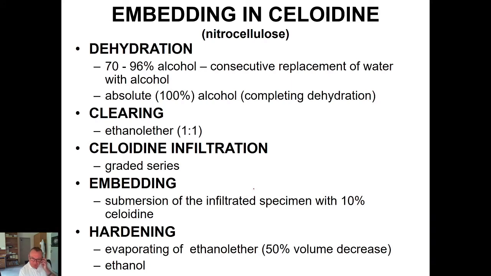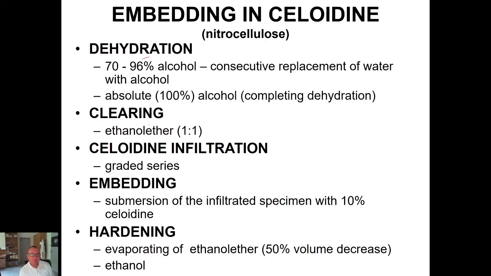Celloidin, as I said already, is a harder material for light microscopic embedding, used for hard tissues. Dehydration is very similar here as in the paraffin technique, but clearing is different. There isn't any aromatic hydrocarbon, but ethanol and ether in a mixture.